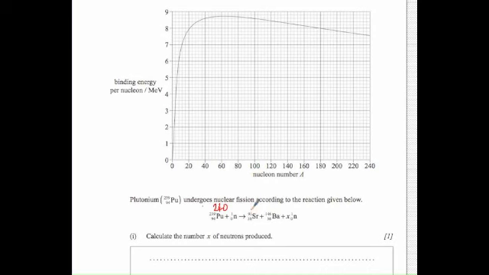And on the right-hand side we have 91 plus 146 plus x times 1. Now, 91 plus 146 is 237, plus x times 1. So x must be 3.